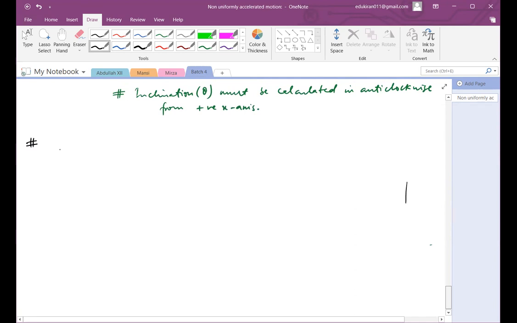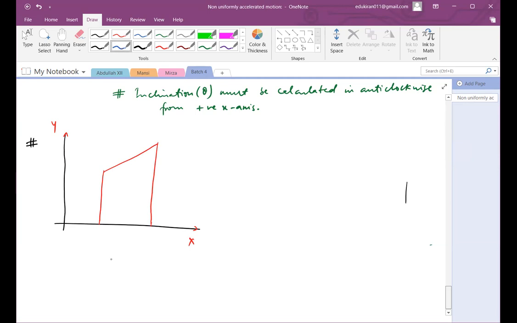Next is to define area under any graph. Suppose this particular diagram is called a trapezium.